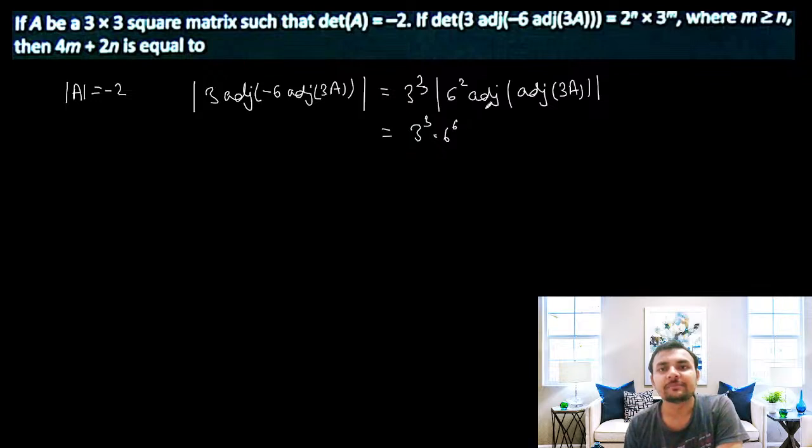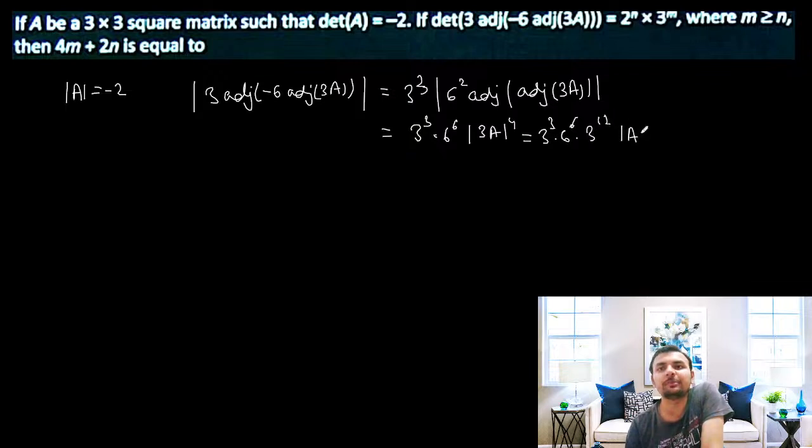And if you see mod of adjoint, it is nothing but mod of 3A to the power n minus 1 whole square, which is 4. Now 3 will come out with 3 cube to the power 4, which is 3 to the power 12. And it is mod A to the power 4, which is 2 to the power 4.